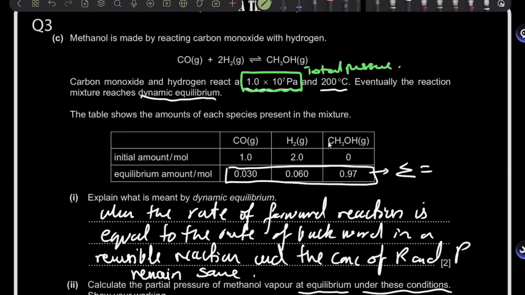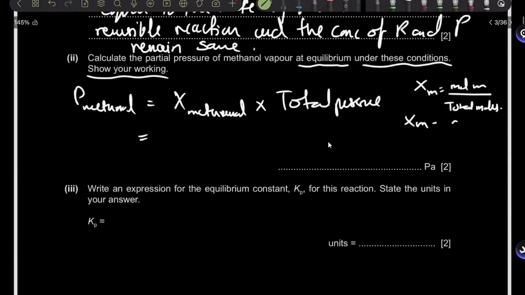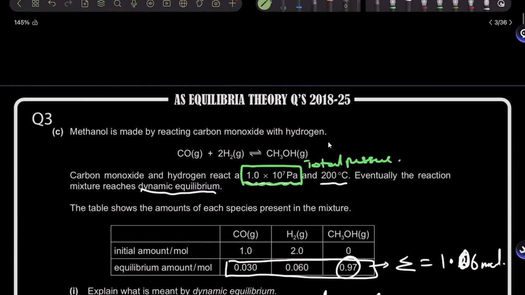I'm getting 1.06 moles as the total moles, and the moles of methanol are 0.97. So I can find 0.97 by 1.06 moles. I'll get the mole fraction, right? So I'll just write this fraction over here. 0.97 divided by 1.06. That's the mole fraction multiplied by what was the total pressure used?